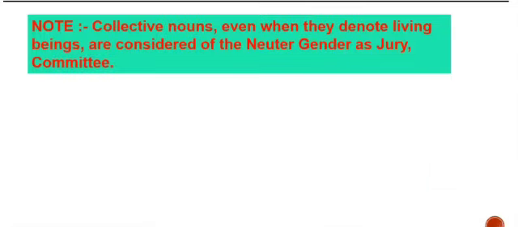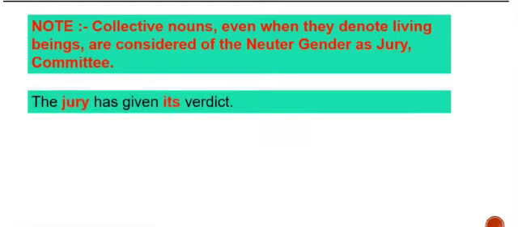Now here we should note that the collective nouns, even when they denote living beings, are considered of the neuter gender. For example, jury and committee. We should write it as the jury has given its verdict, instead of writing his or her verdict.